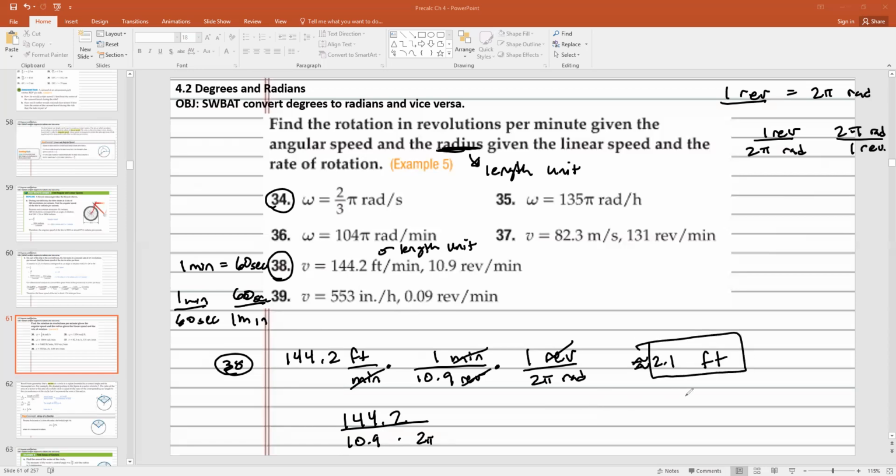feet. Feet over radians, it's the same. Radians is like a placeholder. So it's there, but it's not really there.